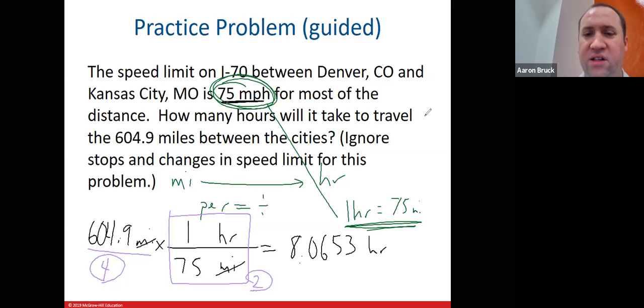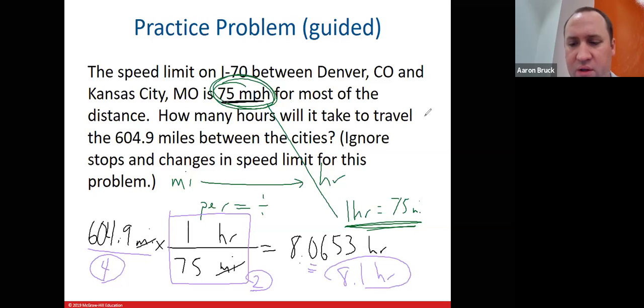Yes, Dale, you round to the fewest sig figs. So this would be 2, which means we're rounding to the second significant figure, which is that 0. So this is going to be 8.1 hours.